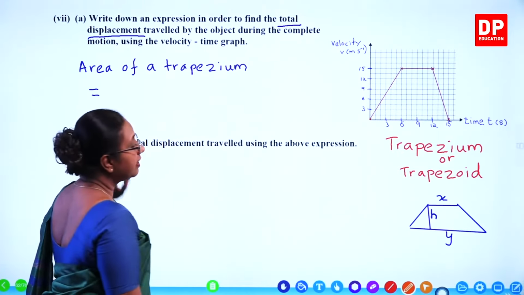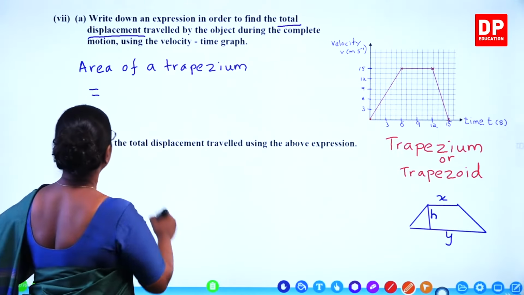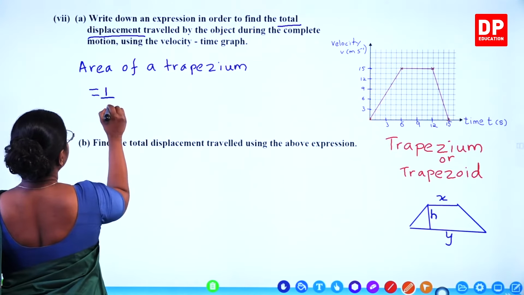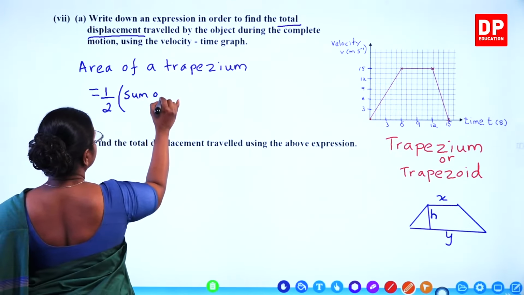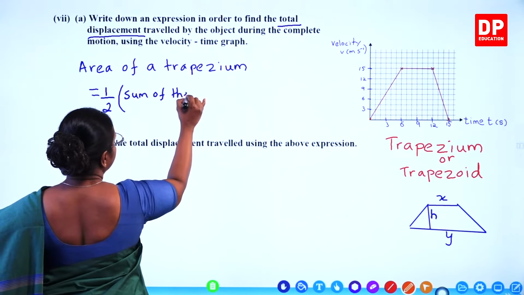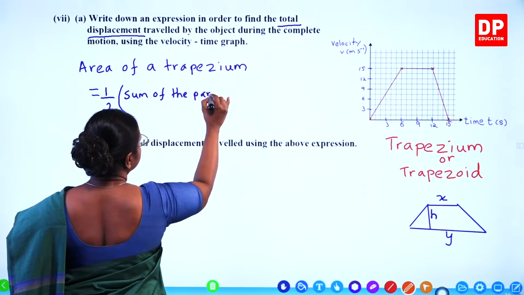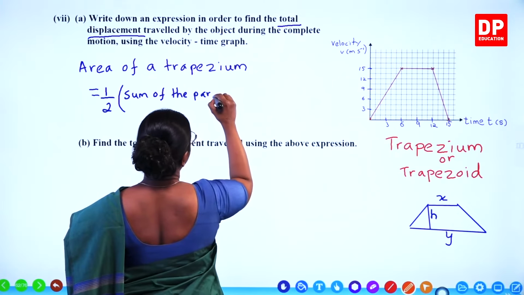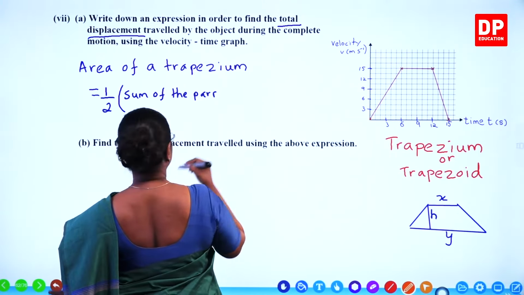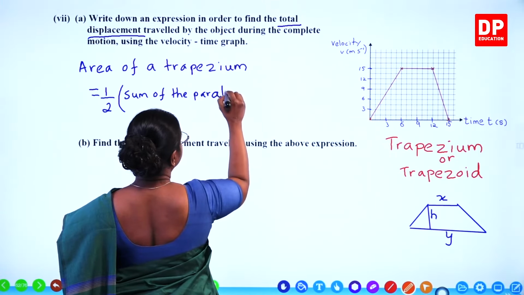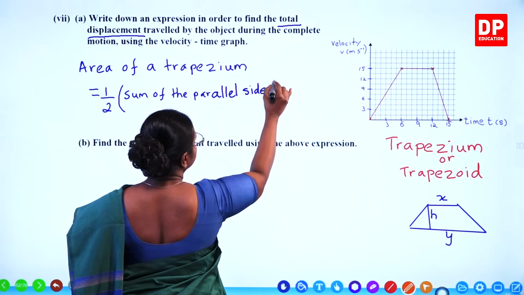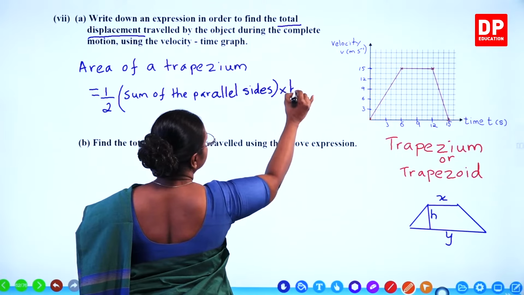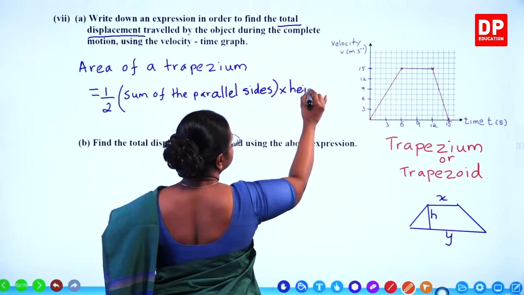So for the area of a trapezium, we take half into the sum of the parallel sides into the height.